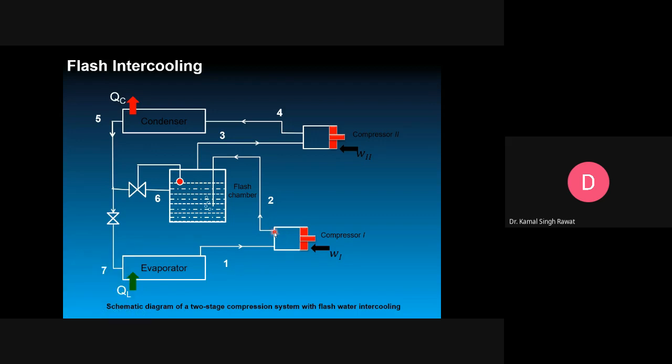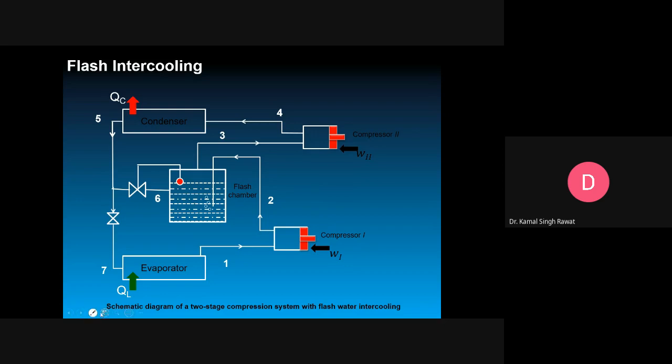The vapors coming out from the first compressor are superheated at state 2, and this superheated vapor is converted into saturated vapor when the vapor bubbles through this flash chamber. Due to this heat removal, some liquid also evaporates and converts into vapor.